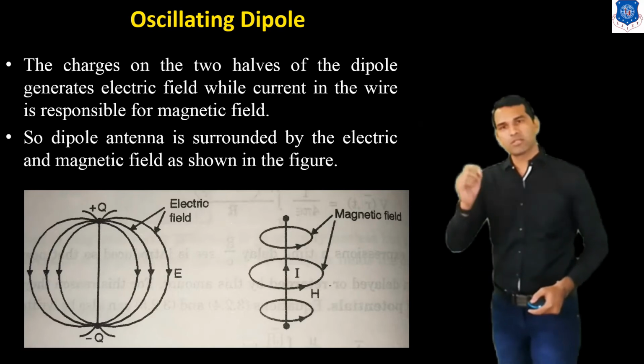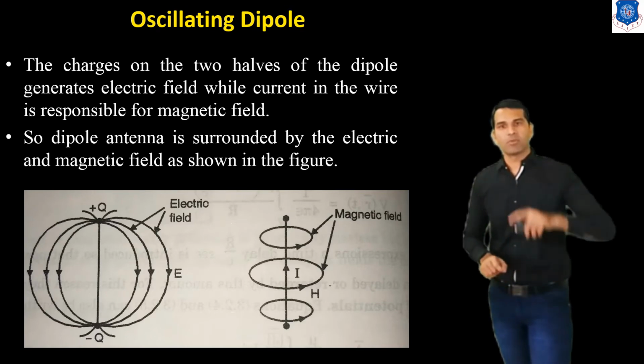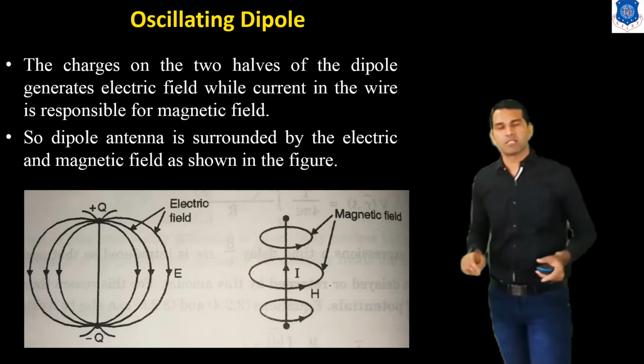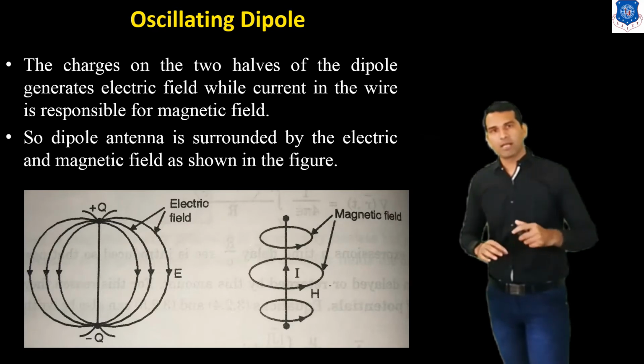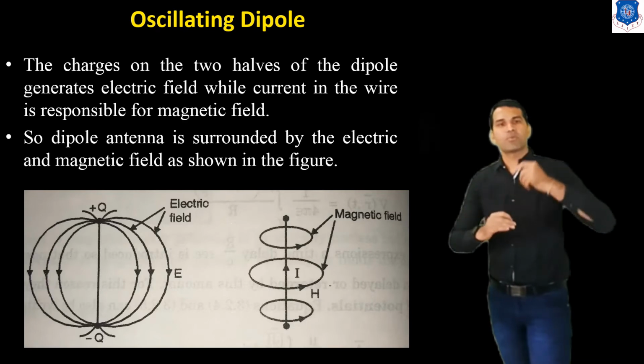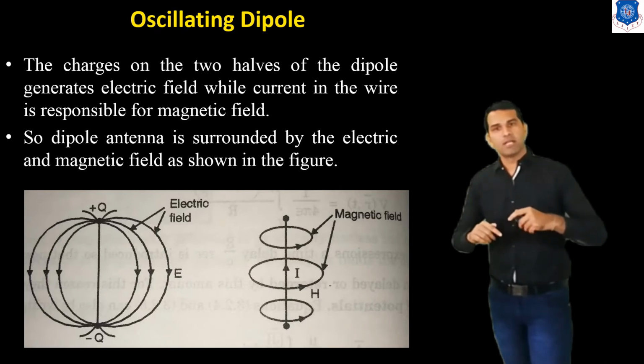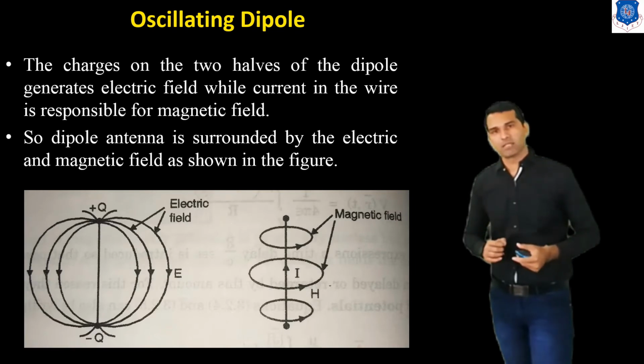This is the plus Q and the minus Q, so it generates electric field lines from plus to minus. We know that alternating current changes polarity, so the minus portion also becomes plus and the plus portion becomes minus. So it generates the electric field in the opposite direction.